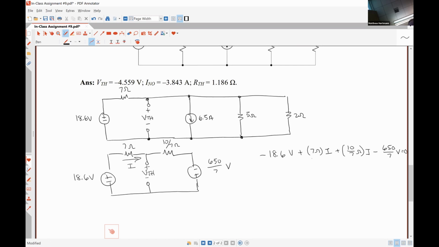Hold on. No. 7, 49, 59 over 7. 59 over 7 ohms times I is equal to, oh, there's no way I'm going to add 650 over 7 plus 18.6 in my head. That's terrible.